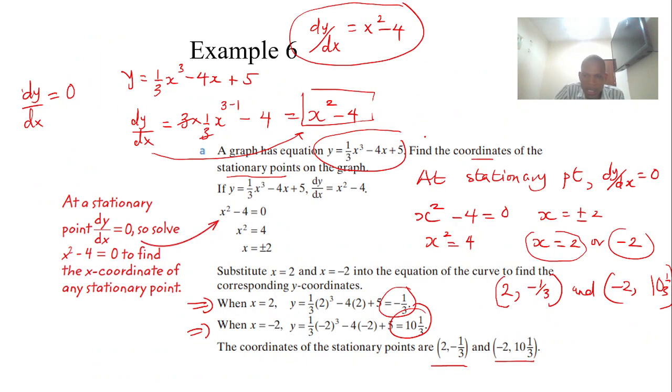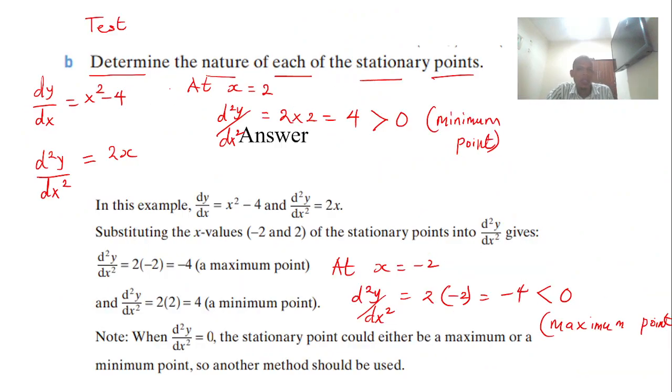So this point here is my minimum point, and this one here is my maximum point. That's all. These are what you are going to expect in your IGCSE exam. You'll be asked to find the stationary points and to check which one is a minimum point or a maximum point.